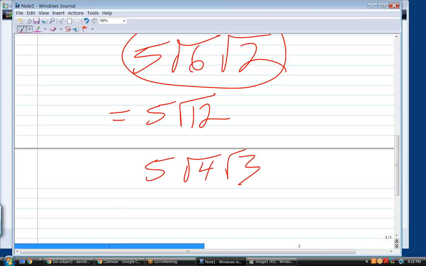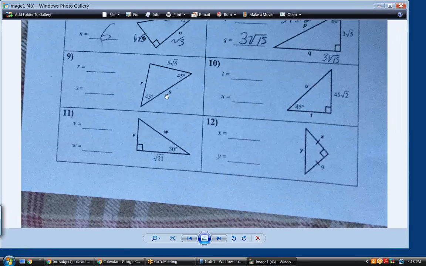So the final answer? Nope. We can simplify square root of 4 into just the number 2, and then we multiply 5 and 2. So the final answer is what? It is 10 square root 3. Good. So that's S.